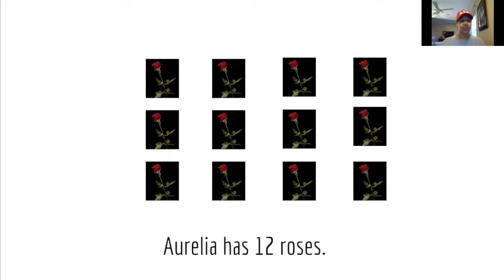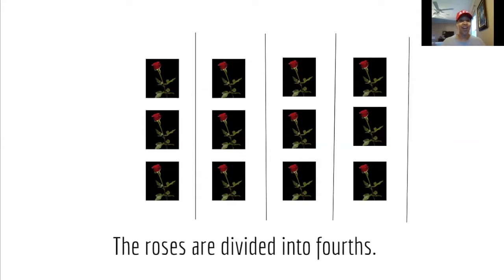Now we have to figure out a certain portion of the roses were red. Well, they told us that 3/4 of the roses were red. So now let's divide our roses into fourths. Here are our roses divided into fourths. Now we're able to see how many roses are actually in each fourth.